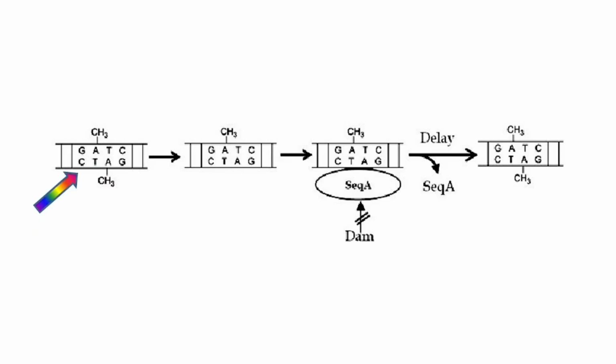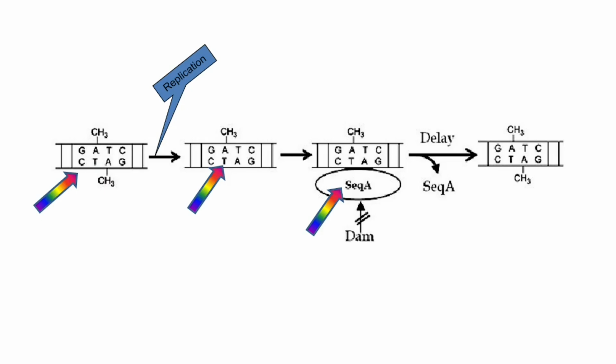Let us just quickly see again whatever we have studied just now. This is the fully methylated origin of replication. Replication occurs, and as a result of that, the region becomes hemimethylated. The hemimethylated GATC sites are attracted by SeqA.